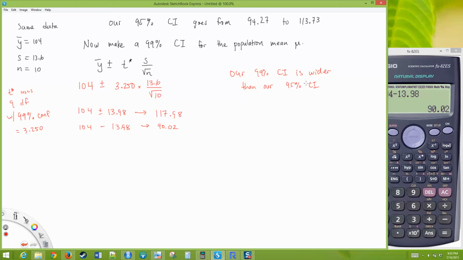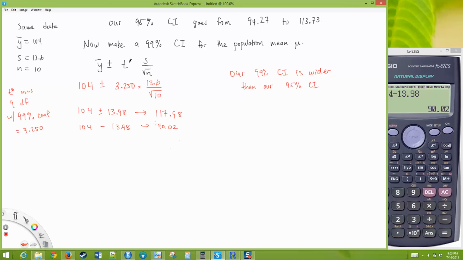That's not a very useful confidence interval. Or even saying it's between 0 and 1 billion, still not very useful to us. So there's a balance between creating a very wide interval where we're very confident and creating too narrow of an interval where we're not confident enough.